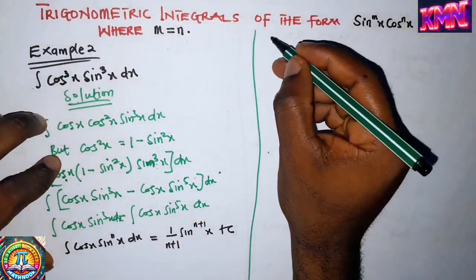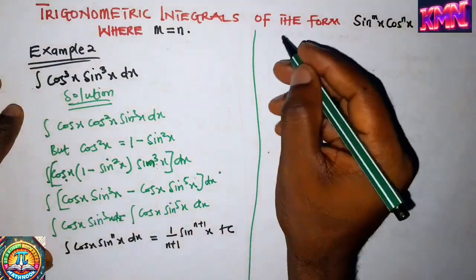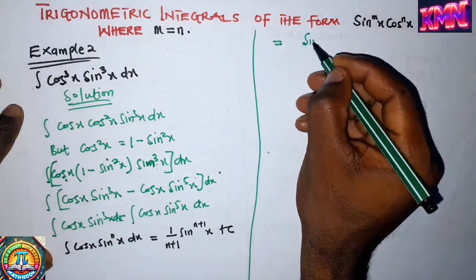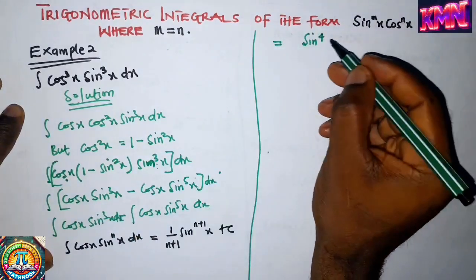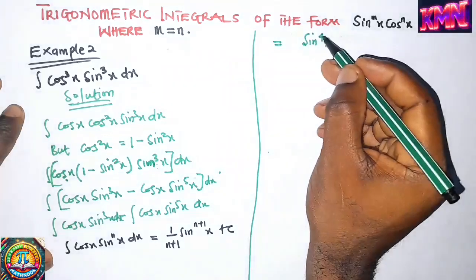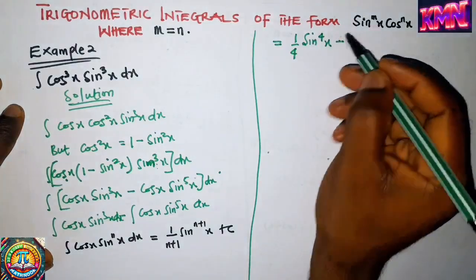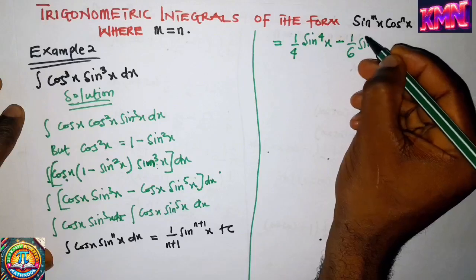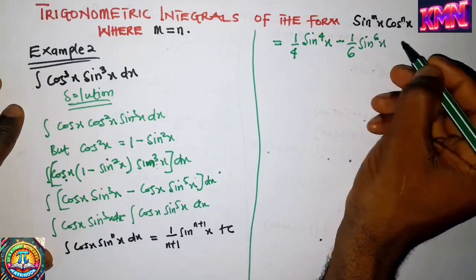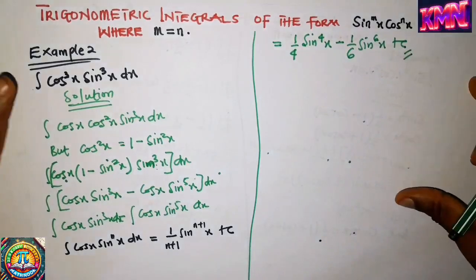This simply means that the integral of cosine x sine cube x dx will give us sine power 4x, we add 1 to the power, then multiply by 1 on 4, minus the same thing, 1 on 6 sine power 6x plus c, and that becomes the result for this.